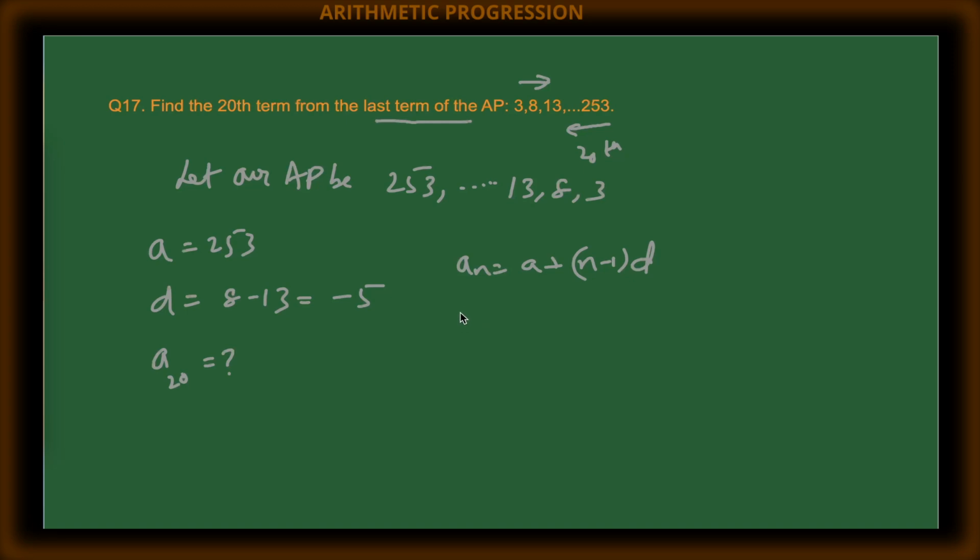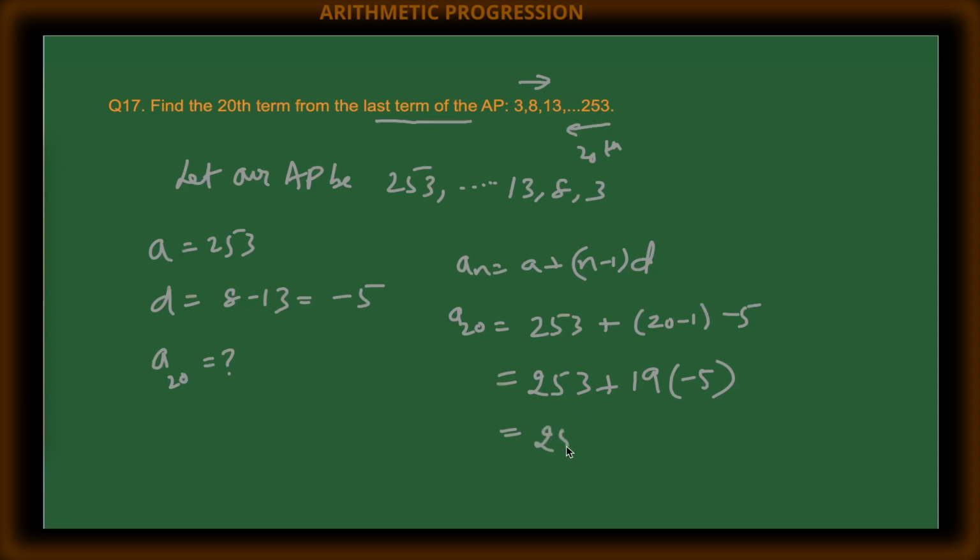So we can find a20 is equal to a, which is 253, plus n is 20 here, 20 minus 1, into d, difference is minus 5. Okay, so 253 plus 19 into minus 5.